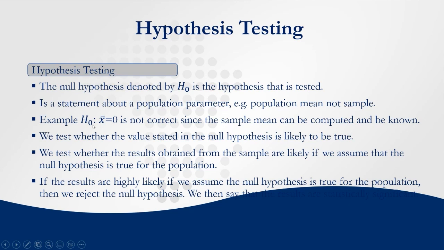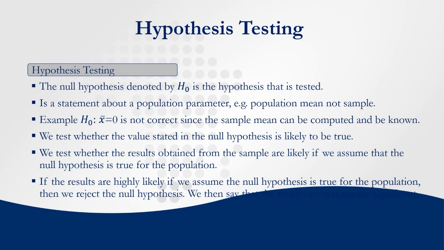And also we don't have to do this, because when I have a sample, I can compute the sample mean and I will know it. For that particular sample, I can compute the mean and I will know it. But what I want is what is happening in the population mean, so my null hypothesis has to be about the population.